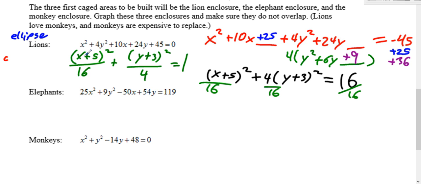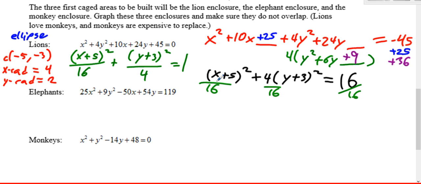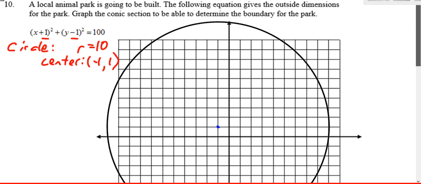Our center is -5, -3. Our x radius comes from the number underneath the x. So square root of 16 is 4. And our y radius comes from the number underneath the y, so square root of 4 is 2. So we can graph that. -5, -3 is our center.